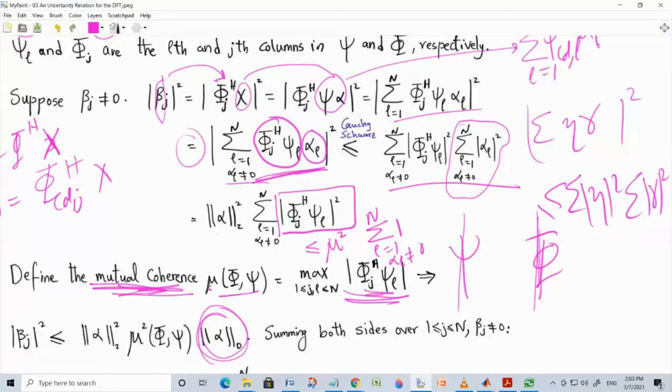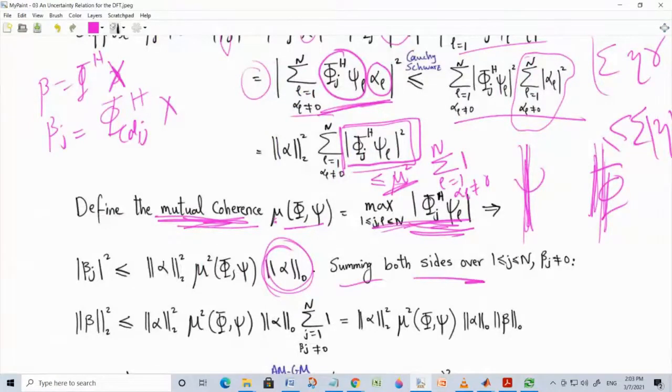So you say, let's upper bound each term by the maximum possible value of the magnitude of an inner product between a column of psi and a column of phi. Now you have this mu squared, and a summation with a number of terms equal to the number of elements in alpha that are non-zero.